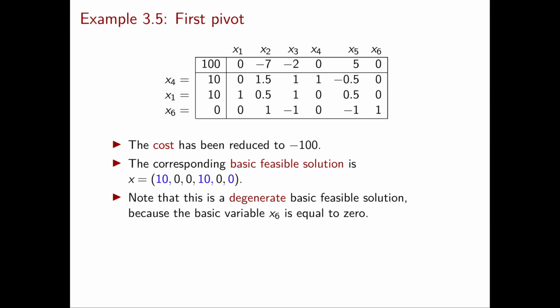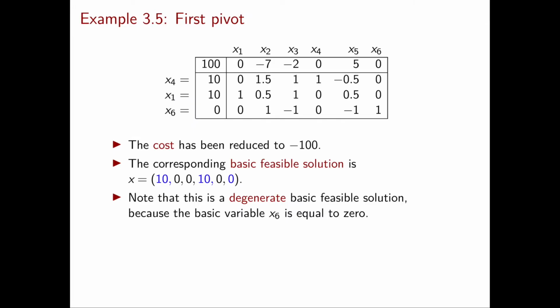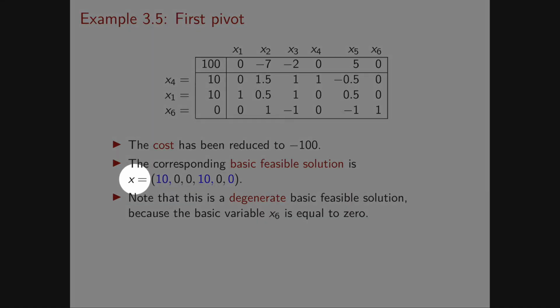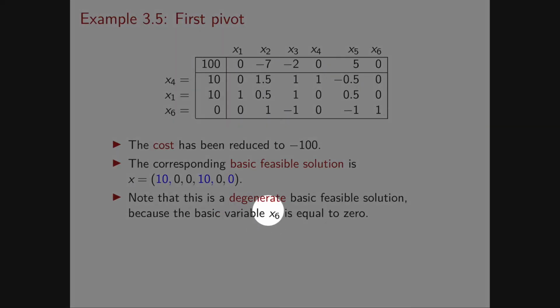We can also write down explicitly the current basic feasible solution. We will have that x1 is equal to 10, x4 equal to 10, x6 equal to 0, and all the other variables, the non-basic ones, will be 0. So the full vector x is 10, 0, 0, 10, 0, 0. We also notice that this is a degenerate basic feasible solution. And this is because the variable x6, which is a basic variable, is equal to 0.